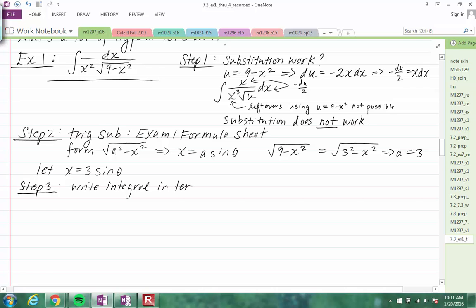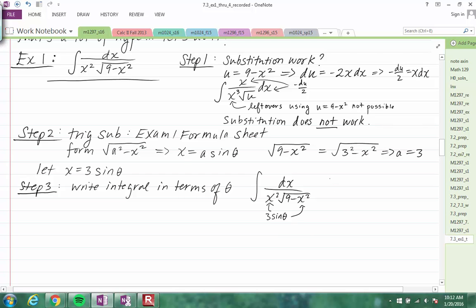And so looking at the original integral, we're going to plug in for every x in here a 3 sine theta. Careful though, dx is a package deal. That x there is not like a standalone x. This notation dx is a package deal. dx is something different, so it's not too hard to find, but it's not d of 3 sine theta or something like that.